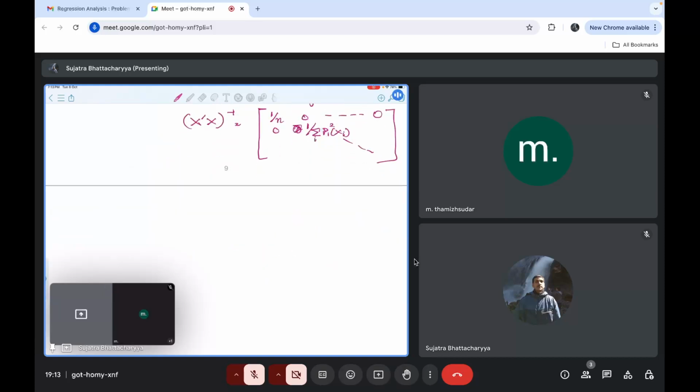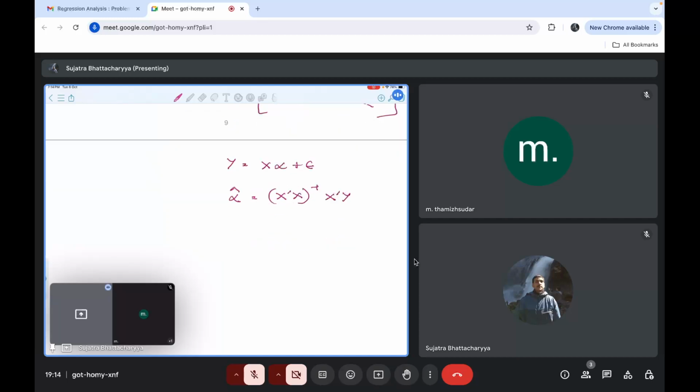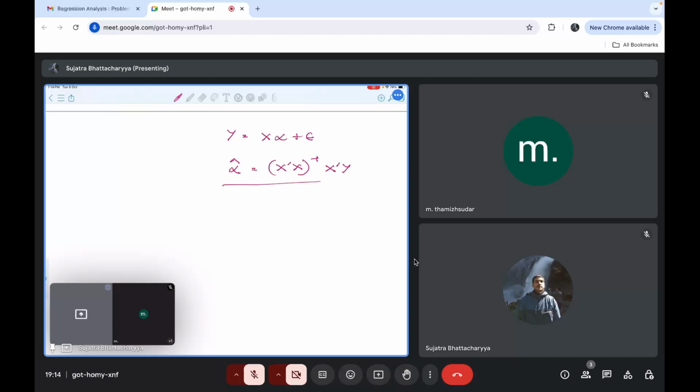Now, again, you will have to do this, Y equals X alpha plus epsilon. I just wanted to show how this X prime X inverse can be calculated. And then alpha hat will be equal to X prime X inverse into X prime Y. Okay. So let's look at this particular part, X prime Y. So this will be what?